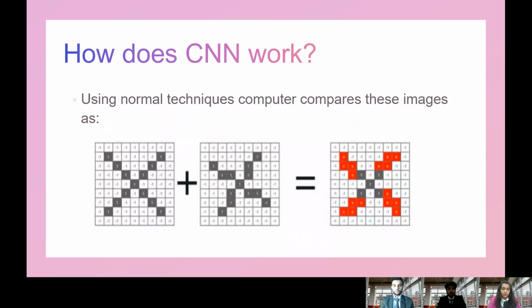When we use normal techniques to compare the two images, one proper and the other a deformed image of X, we find that the computer is not able to classify the deformed image as X correctly, as it is comparing it with the proper image of X. When we add the pixel values of both of these images, we get a third image. So basically a computer is not able to recognize whether it is an X or not.